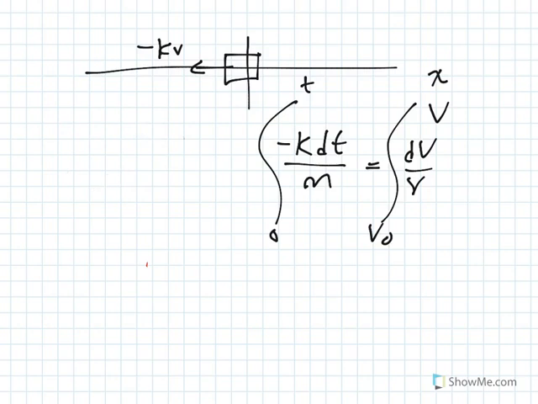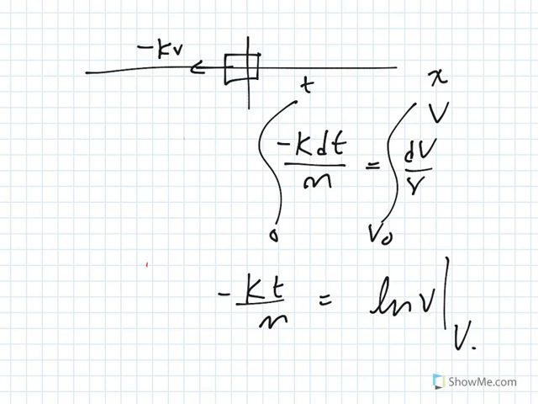On the left, the integral of k dt over m is minus kt over m. And on the right, the integral of dv over v is ln of v from v naught to v. It's a definite integral on both sides.